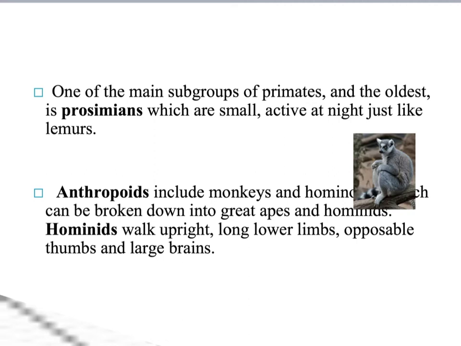So one of the subgroups of primates, one of the oldest, is called prosimians. That's an animal that is active at night. Now, next up is anthropoids. That's their next blank, anthropoids.